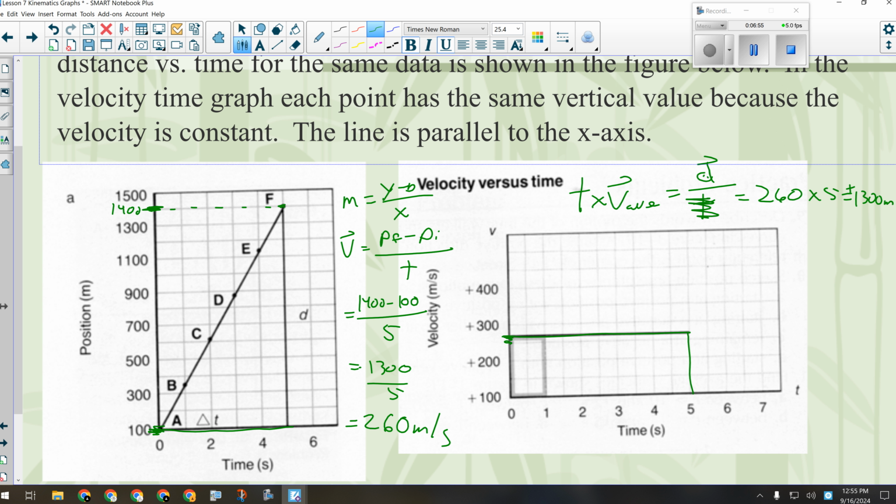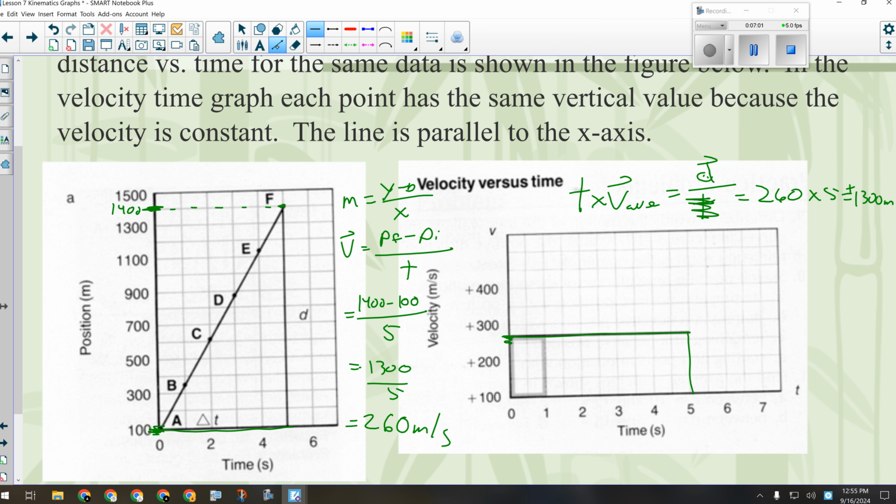Now what if instead the line looks like, let's see, let me get to 600 for 6. Say the line looks like that.